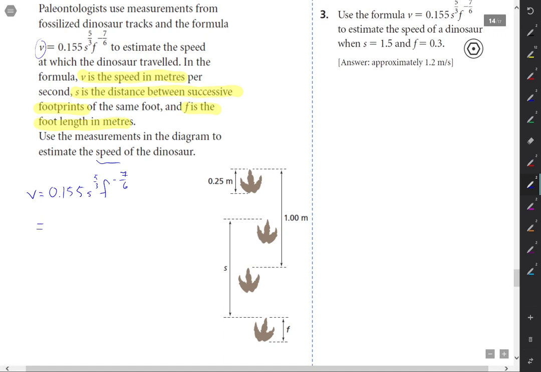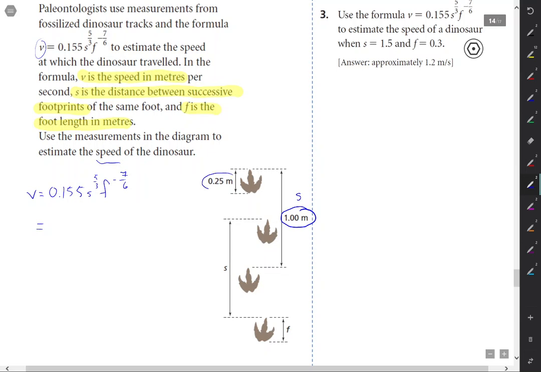So s is the distance between successive footprints. If we look at the diagram, the distance between footprints is 1 meter. So s is equal to 1 meter. And f is the foot length in meters.